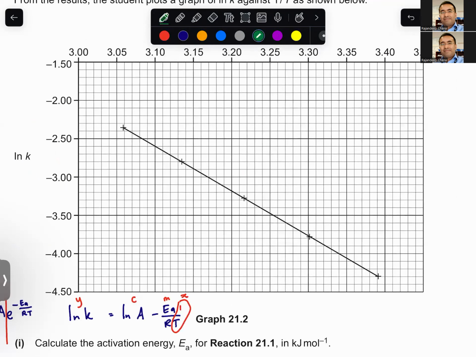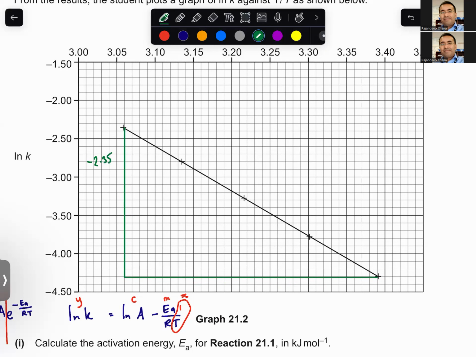Ideally, the biggest as possible. So let's take this. What we got here, that's minus 2.35. We want it's going down, so it's minus that.